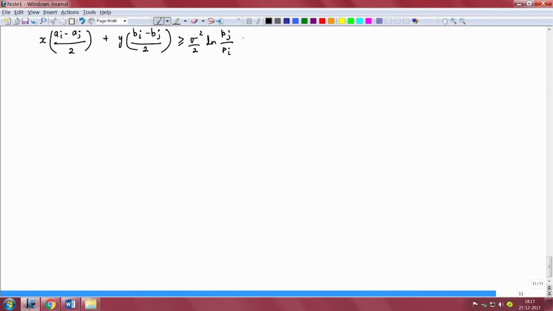So, this is nothing but B_ij of (x,y) greater than or equal to 0. This is the decision boundary between the signals i and j. So, we will just substitute these points.